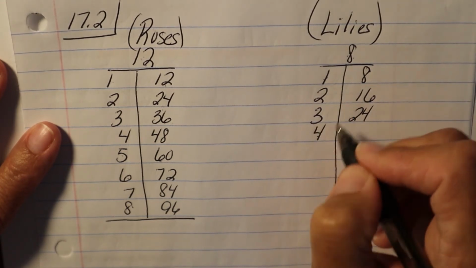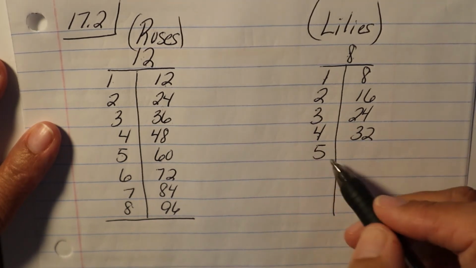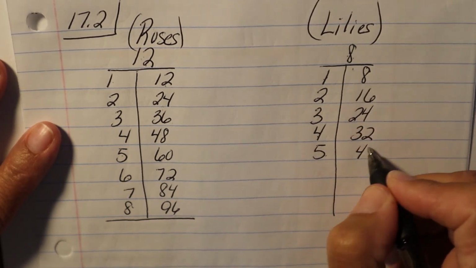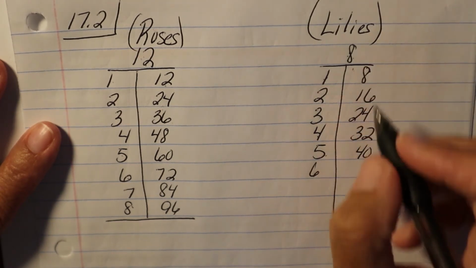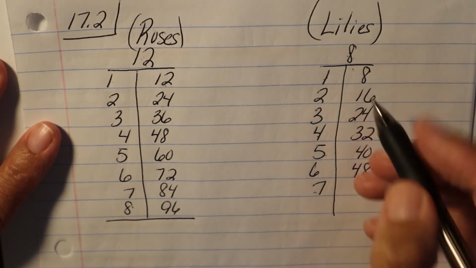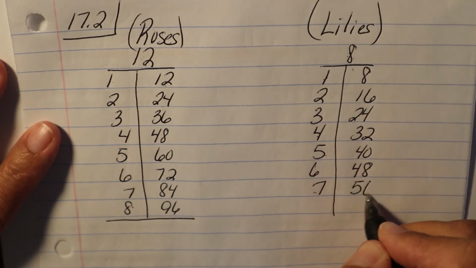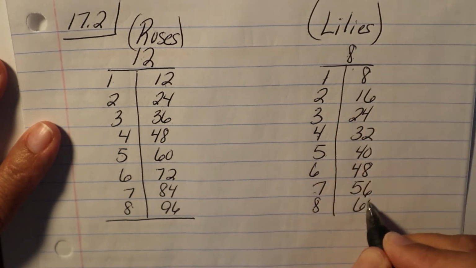If I buy 4 bunches, 4 times 8, I have 32 lilies. 5 bunches times 8, I have 40 lilies. 6 bunches, 6 times 8 is 48. 7 bunches, 7 times 8 is 56. 8 bunches, 8 times 8 is 64.